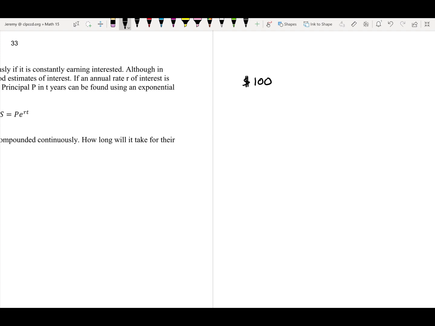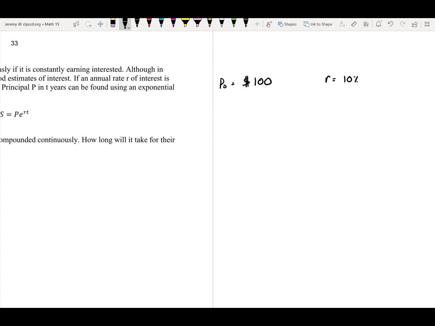And let's say that your interest rate, your rate r, is 10%. Again, keeping it very simple. So it means that you get paid 10% every year. Let's say annually your interest rate is 10%. So the first year, your initial value, your P sub 0, or your P, is 100.